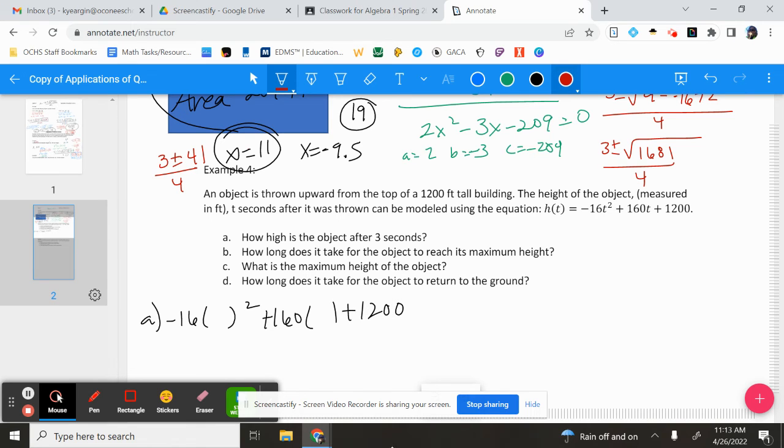Because it says after 3 seconds, I'm going to plug a 3 in, and then I'm going to take that equation and plug it straight into my calculator. Where I get 456 feet.